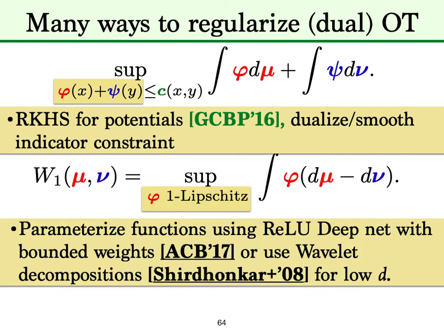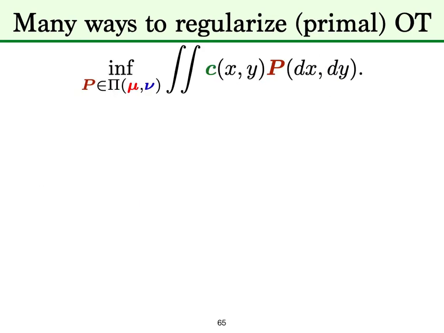And so you can start thinking about adding more restrictions to the set of potentials, and here you get a quite popular approach to approximate optimal transport recently, which is the so-called Wasserstein GAN approach, which builds on something called the Kantorovich duality, which says that the dual problem that Kantorovich studied, when the cost is a distance, can be solved by taking the supremum over all one-Lipschitz functions of the integral of that function against the difference of measures. And it's closer to what we've been describing in the primal.